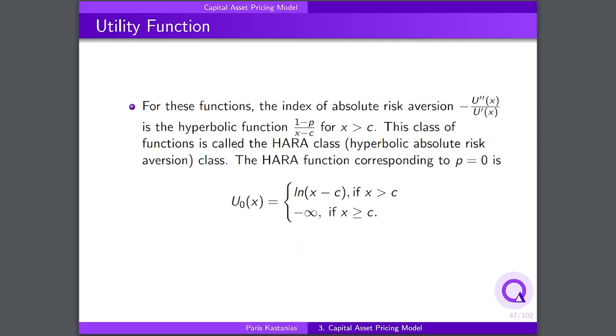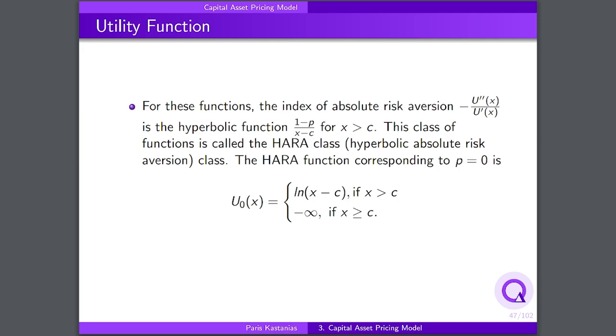For these functions, the index of absolute risk aversion, minus u double dash x divided by u dash x, which is the double derivative over the derivative, is the hyperbolic function (1 minus p) over (x minus c) for all x greater than c. This class of functions is called the hyperbolic absolute risk aversion class.